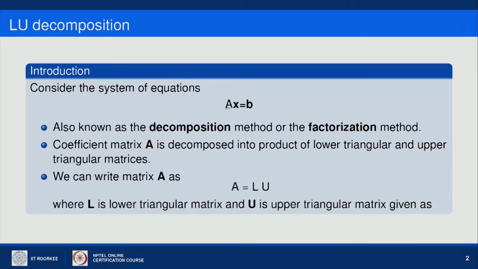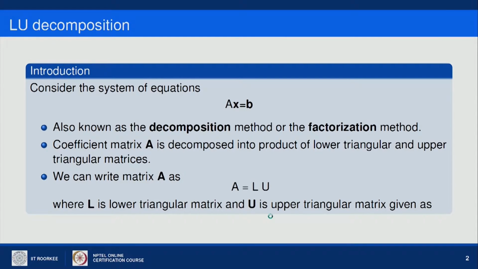So the coefficient matrix A is decomposed or factorized into a product of a lower triangular and an upper triangular matrix, L and U. So A = L into U. L is the lower triangular matrix and U is the upper triangular matrix.